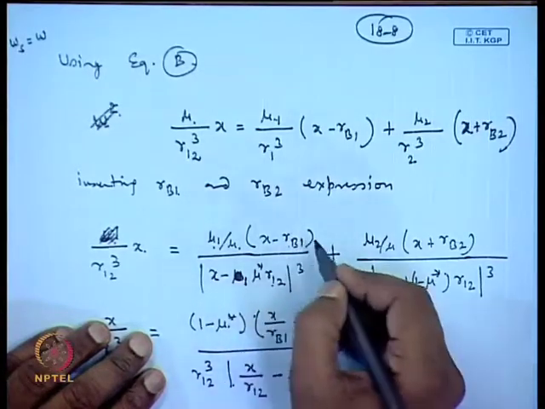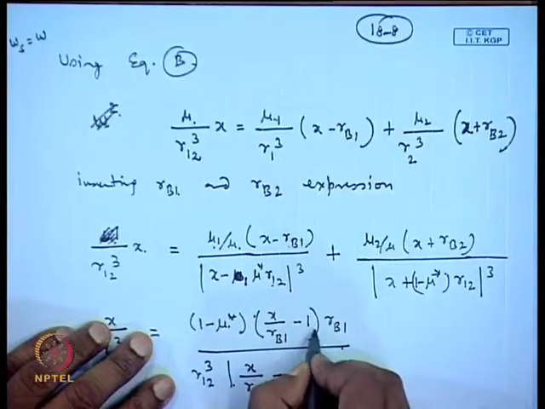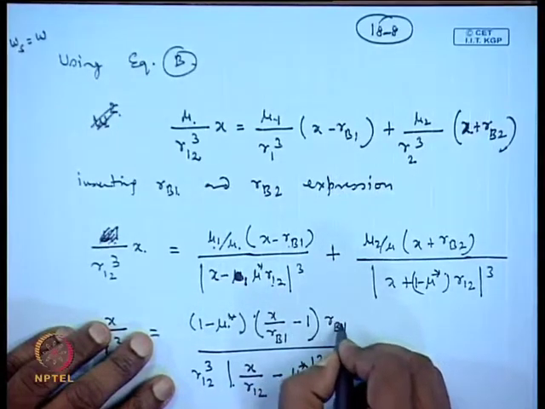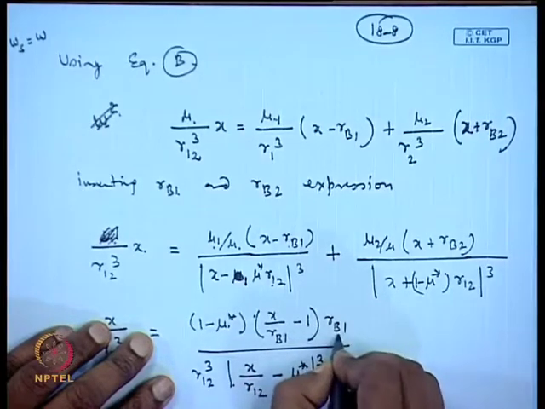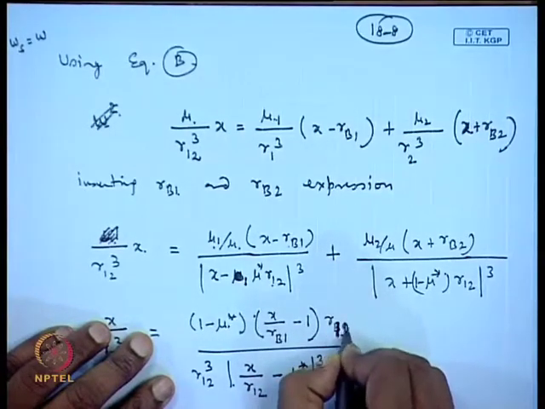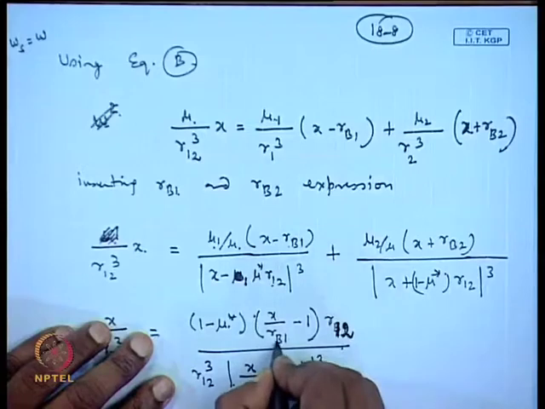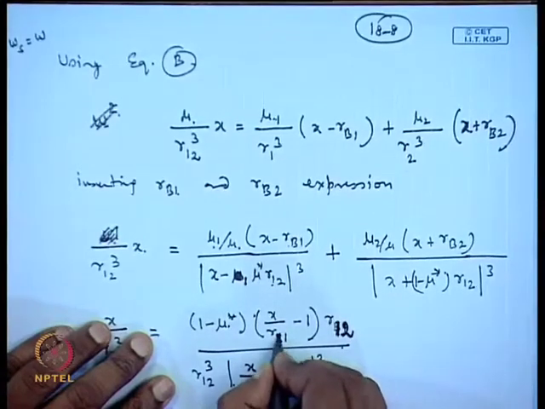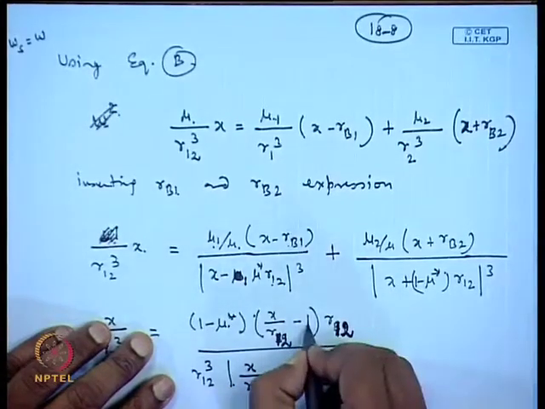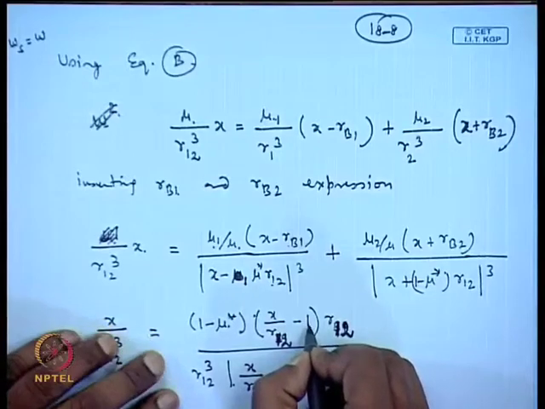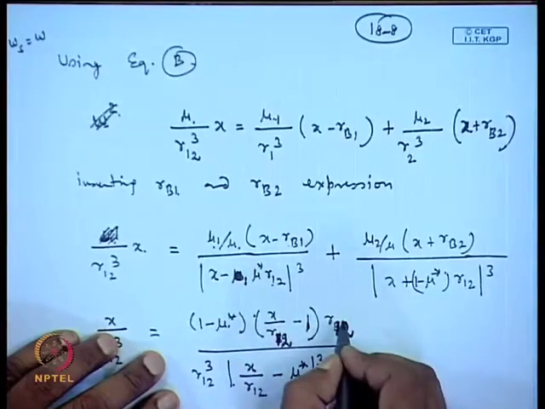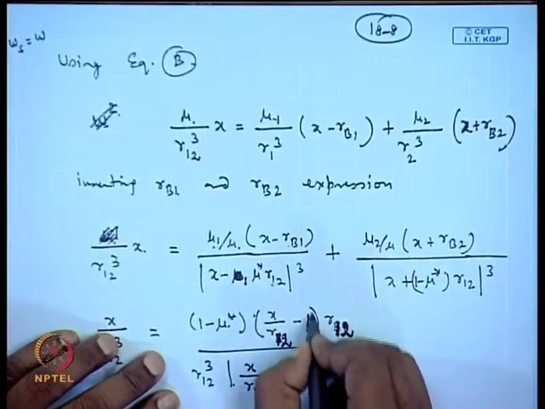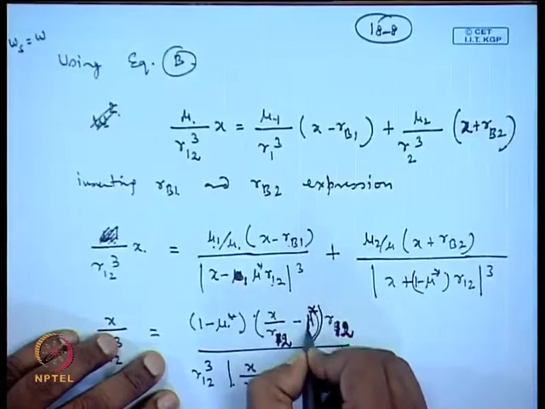So, here we directly replace this in terms of r 1 2. Okay. So, instead of taking r b 1 here out, we write here r 1 2, and here we will take outside r 1 2, and therefore the quantity which will remain here is x times r b 1, which was r 1 2 times mu star. So, this mu star will remain inside.